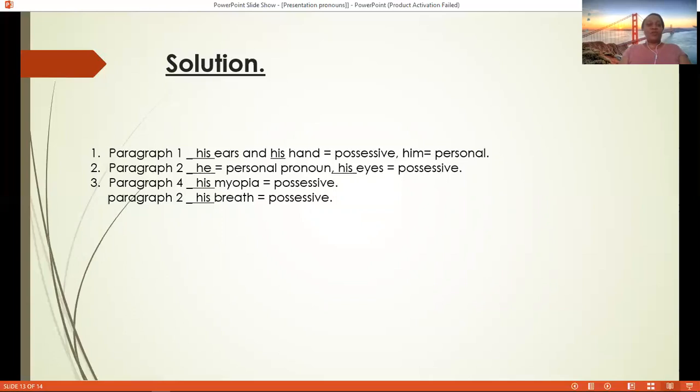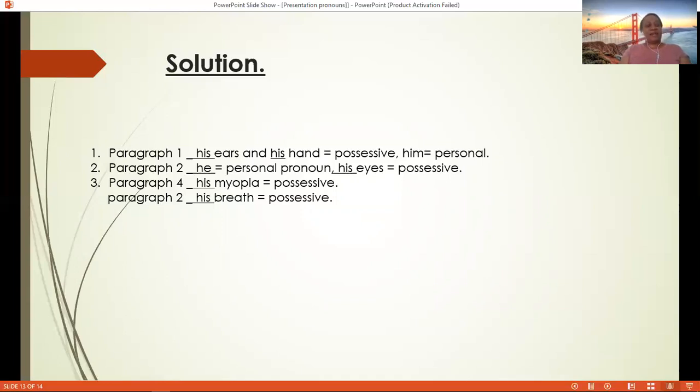Paragraph 2, we have he, which is a personal pronoun, and his eyes, which is again a possessive pronoun. Look at paragraph 2. I hope I did not omit any other.